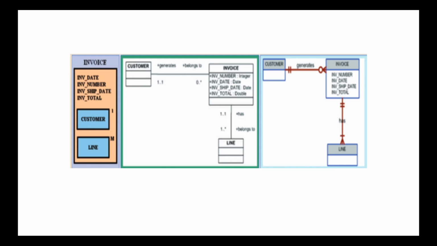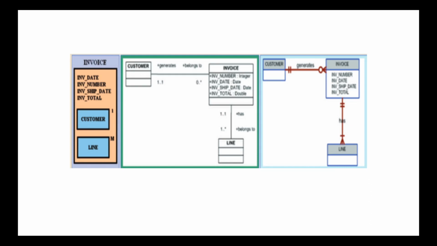Just observe the invoice first. It contains attributes like invoice date, invoice number, invoice ship date, and invoice total, and it has a relationship with two entities: one is customer and the next one is line.